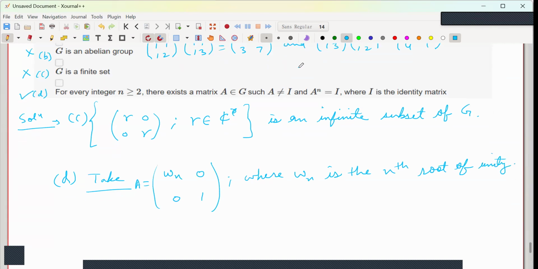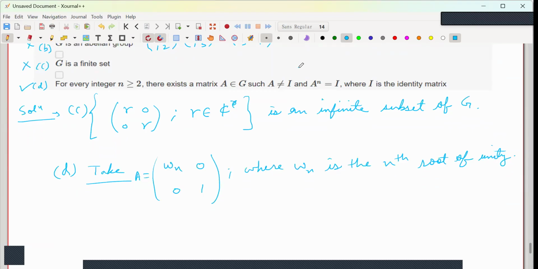In fact, you can take the nth rotation matrix as well: cos theta, sin theta, minus sin theta, and cos theta. That is the rotation matrix. If you take the nth rotation matrix, you take theta to be just 2 pi by n. Since it's a rotation matrix, if you rotate n times, you are supposed to get identity.